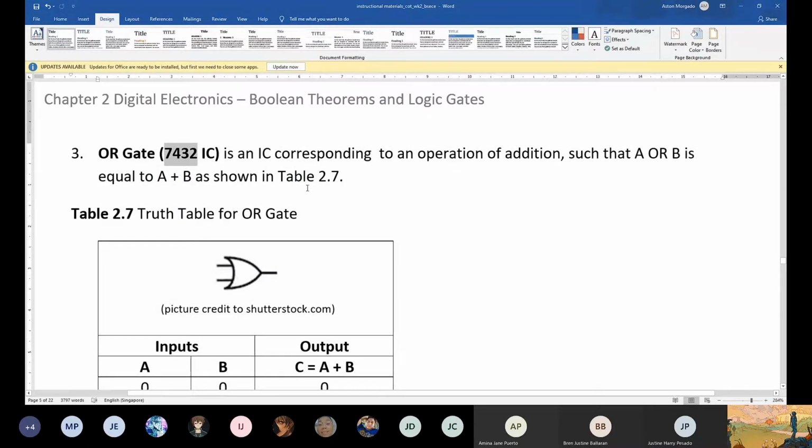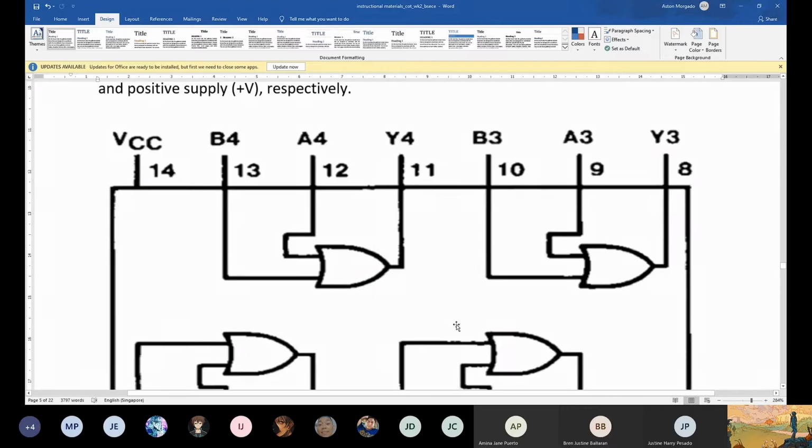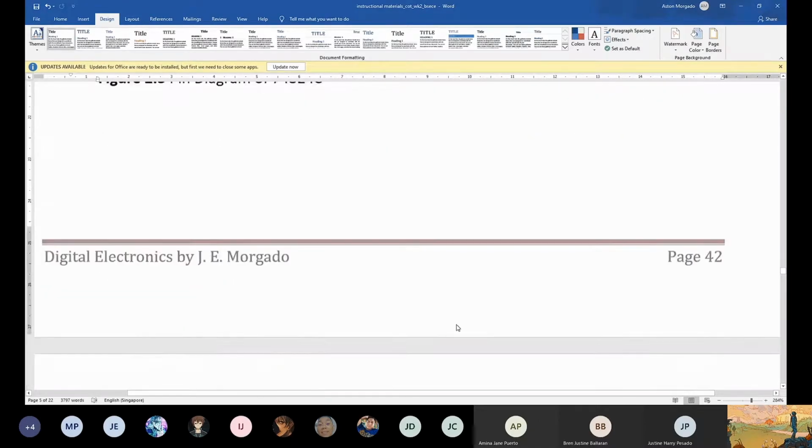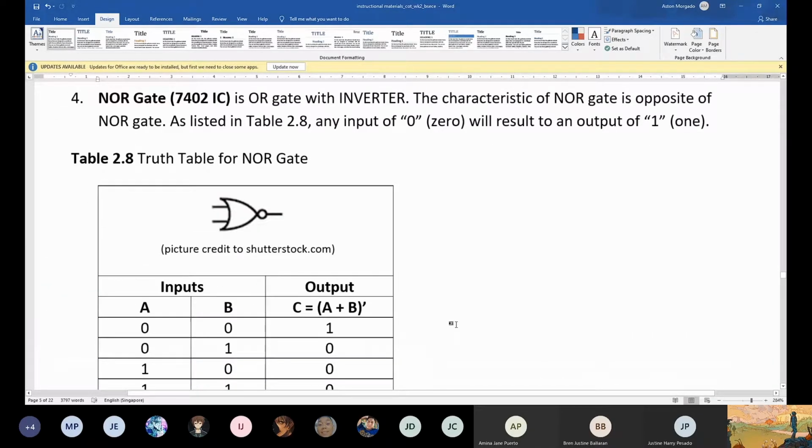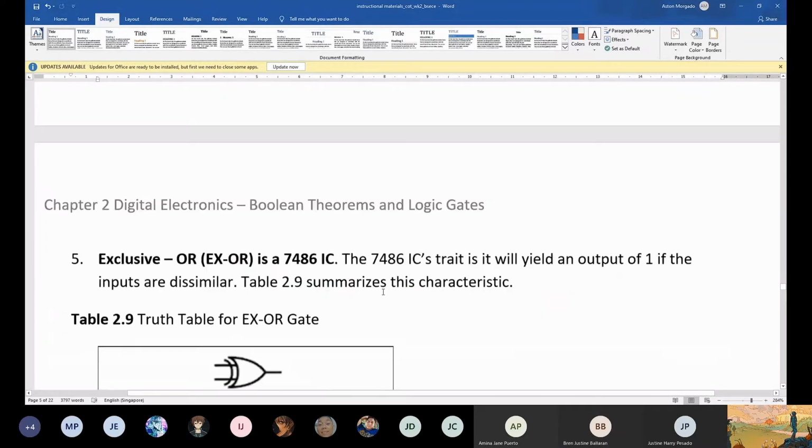You can buy this in Dico, if you're near Dico, an electronic shop, or in Raon. And then we have more gates here.